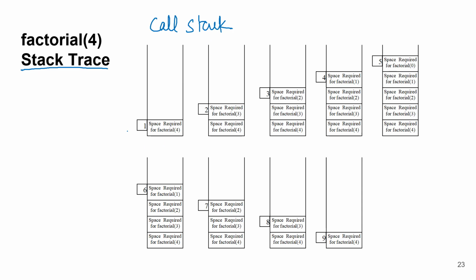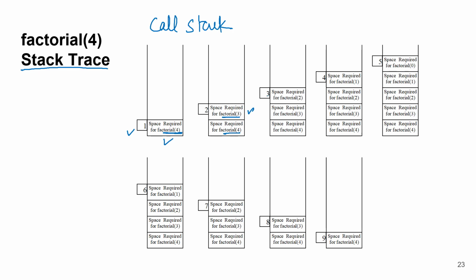So in the first scenario, the first stage, you had the activation record for factorial 4. The space required or the activation record, that means the same thing. In the second step, when you invoke factorial 3, we need another activation record for factorial 3 on top of factorial 4.